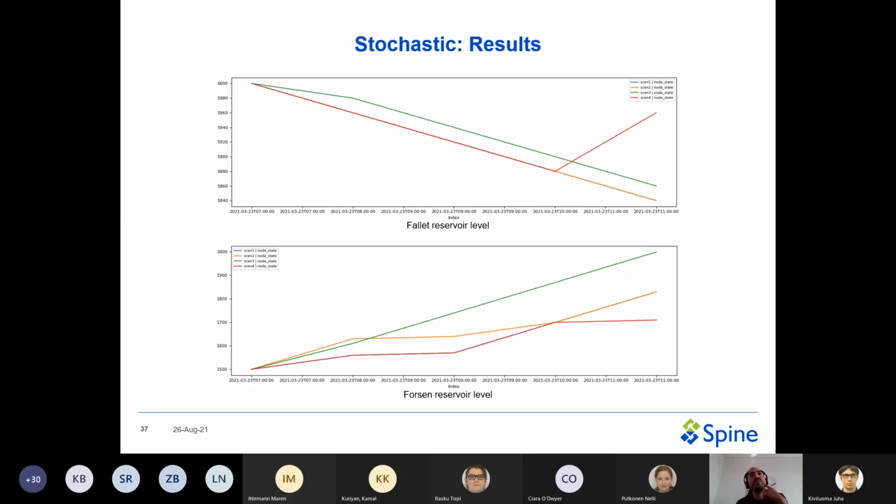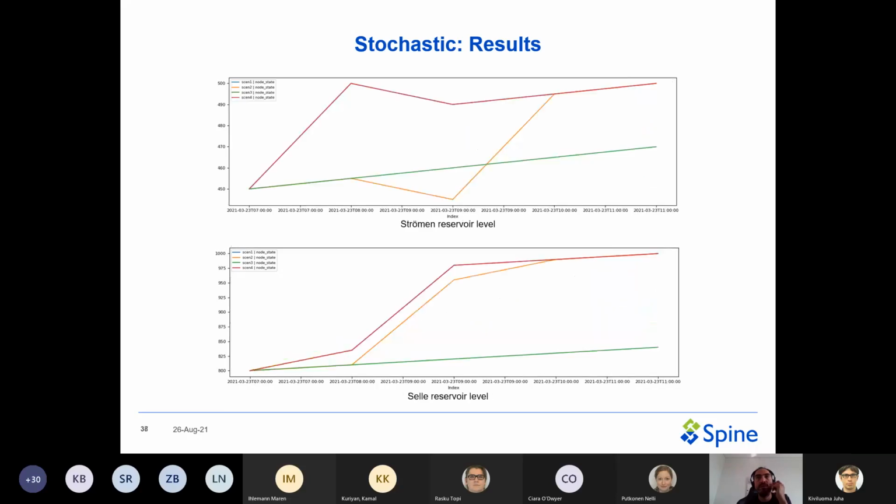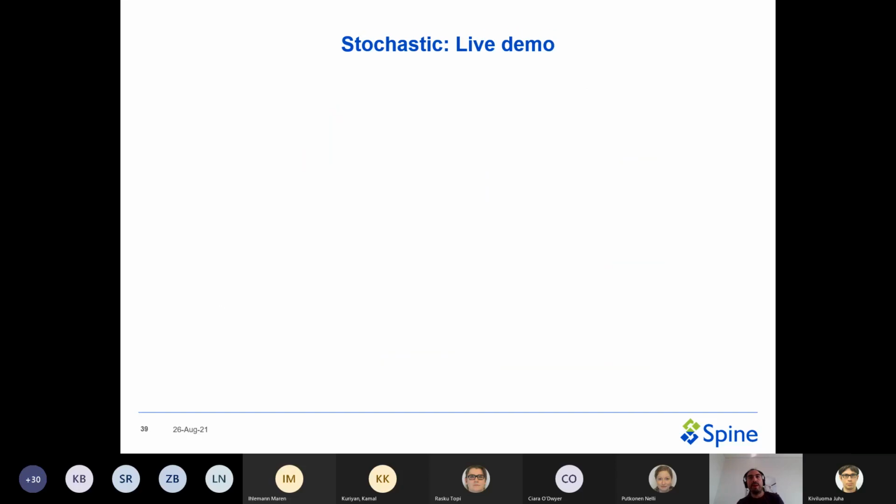So you can see how the model is optimizing the different trajectories depending on the actual prices that are valid for each scenario. So we have increasing or decreasing trajectories. This is the reservoir level for the other 2 power stations. So we see stuff is happening here. But again, let me just show you how this looks in the Spine toolbox.